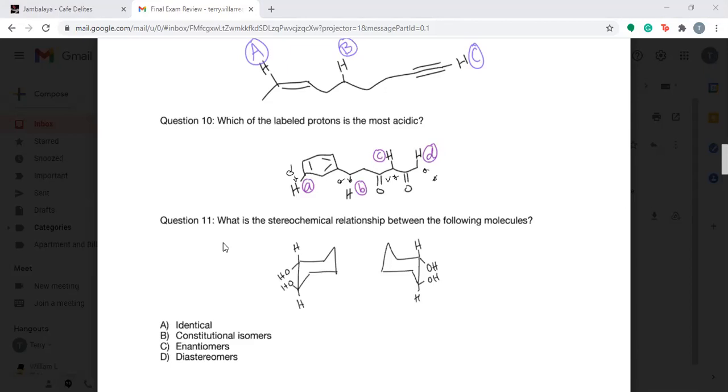Your benzene protons are probably going to be your least acidic, not most acidic. So now looking at the rest of these, which one do you think is going to be your pick? Any idea? Yep, C. And why do you think C, Matthew? There's a magical word here.